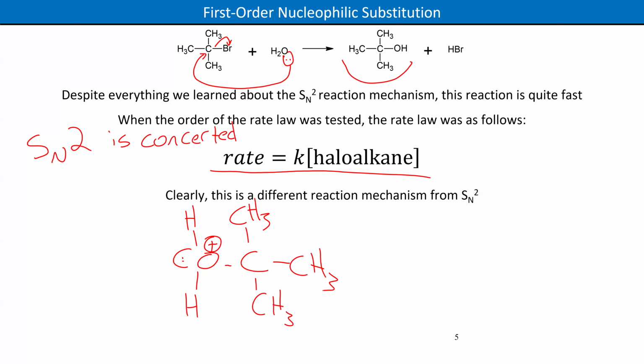If you know you're trying to get from here to there, the only difference is you're missing an H plus. So if you keep your product in mind when you're writing these, a lot of times that'll help you from going off into some random side reaction that may or may not actually happen.